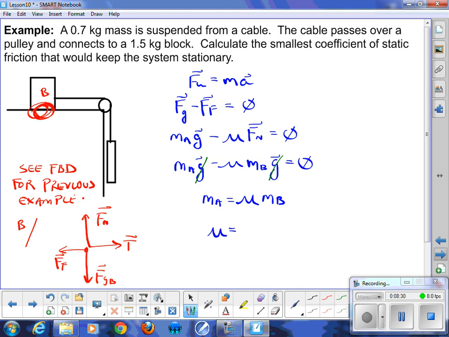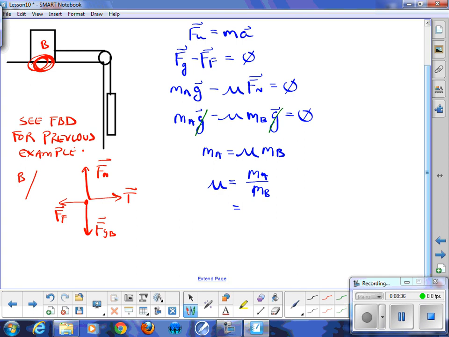So mu, in this case, the relationship would be mass A over mass B, and then you can do the calculation. You can actually plug the numbers in whenever you feel comfortable. So 0.7 over, I believe it was 1.5. So we end up with 0.7 divided by 1.5, and I get 0.47.